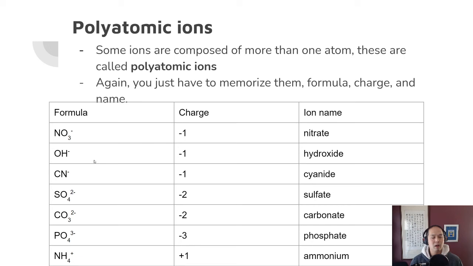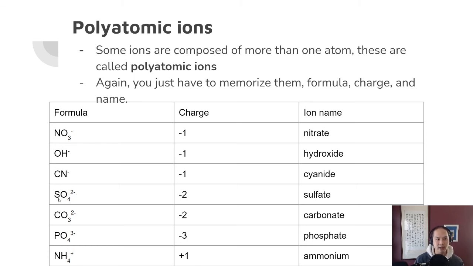OH minus, -1, is hydroxide. So 1 O, 1 H, -1 charge. You're very familiar with hydroxide because HOH, hydrogen hydroxide, is actually just water. HOH is H2O, if you think about it. There's 2 H's, 1 O. CN minus, -1 charge, is cyanide. Don't eat that.